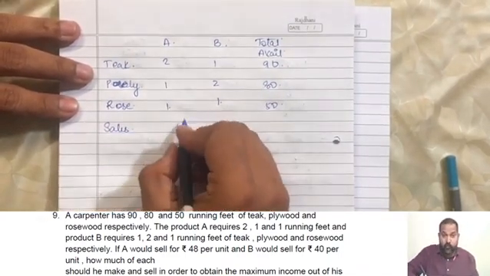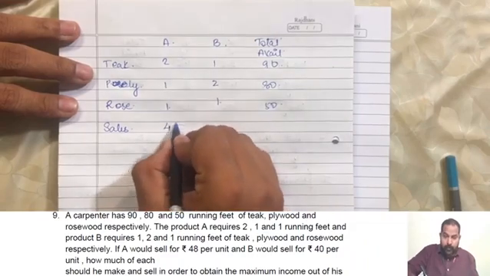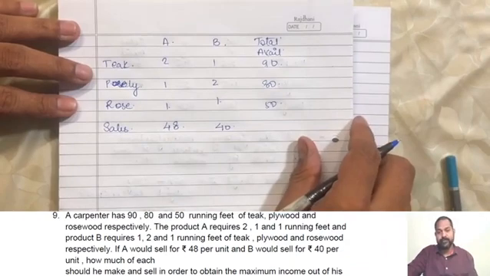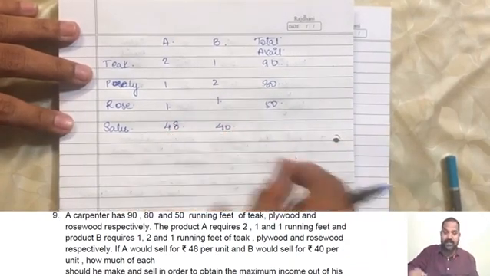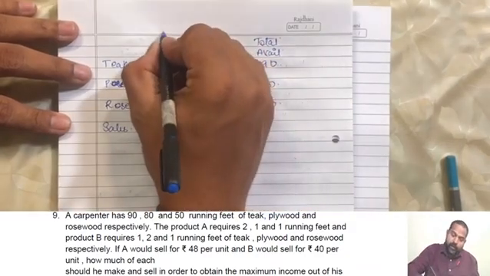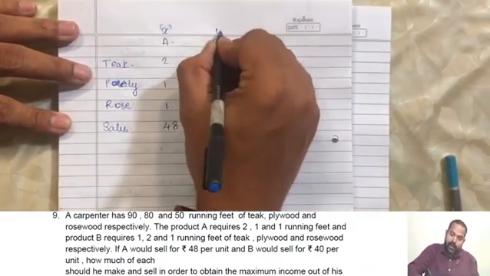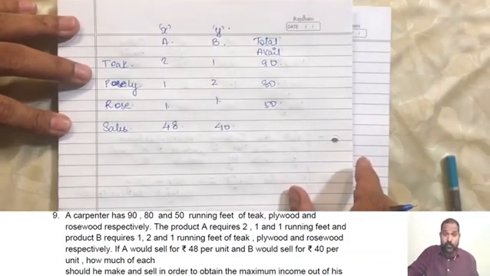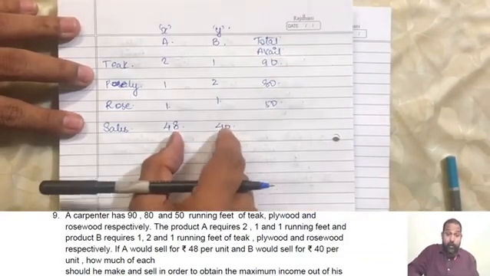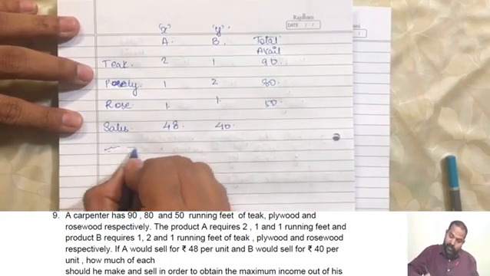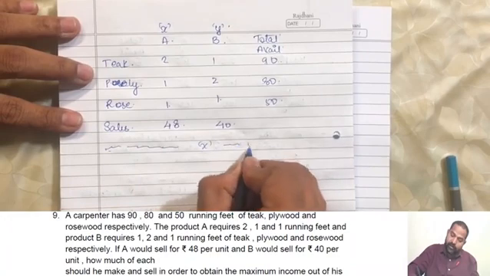Sales is 48 rupees per unit A and 40 rupees per unit B. I have to maximize this sales. Then start. Line number 1. Let us produce X units of A and Y units of B. If I produce X units of A and Y units of B, my total sales which has to be maximized is, I will say, so that will be my first line, X and Y.